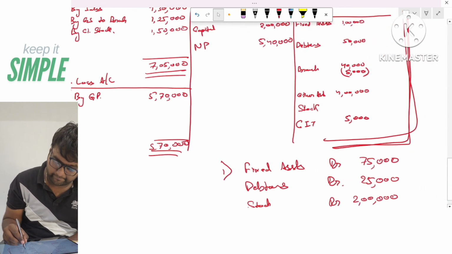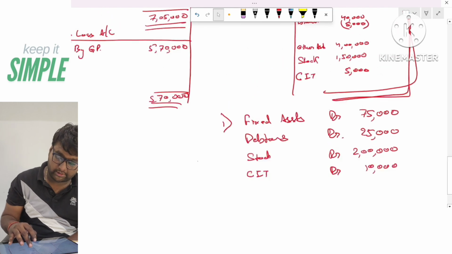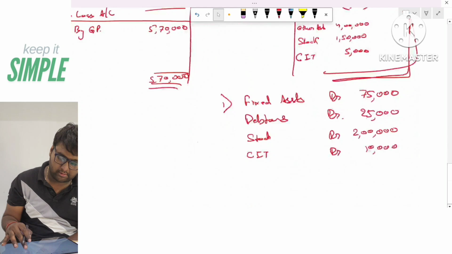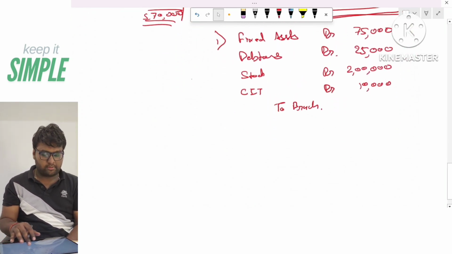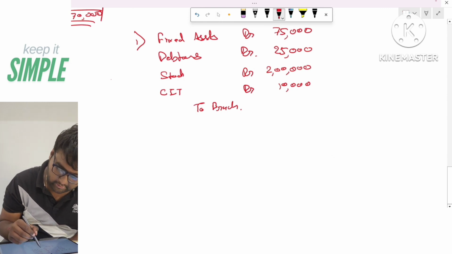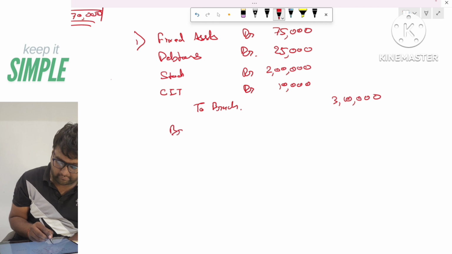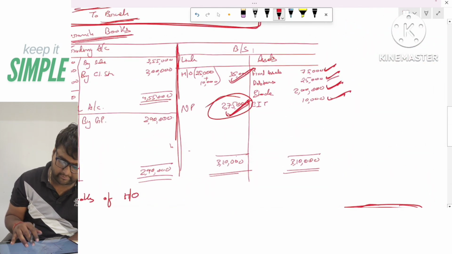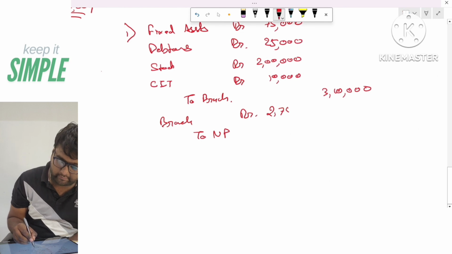That was 1,50,000. Okay. Chalo. We brought all these things, these four. Then we will bring net profit. So this will be to branch because we have taken everything from branch. So its total will be 2 lakh, 3 lakh 10,000, and we'll bring profit. So for that, branch debit to net profit, that will be 2,75,000.